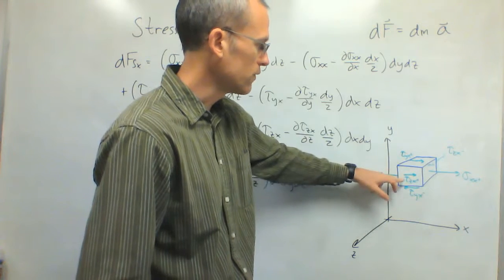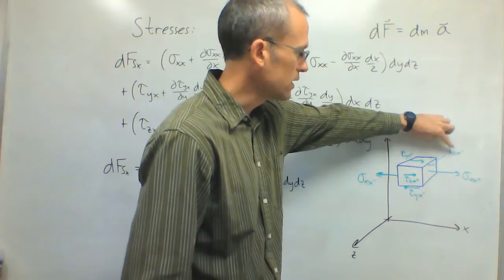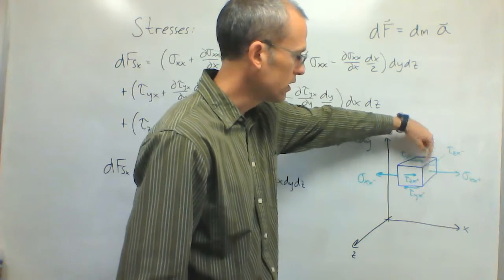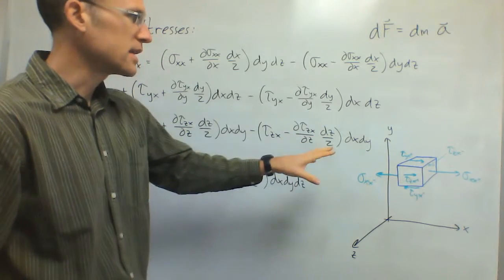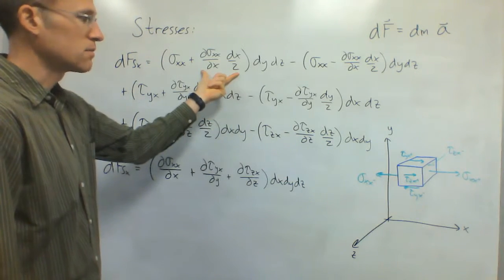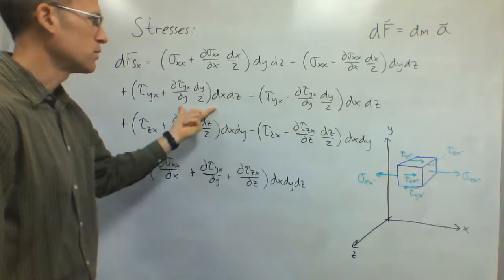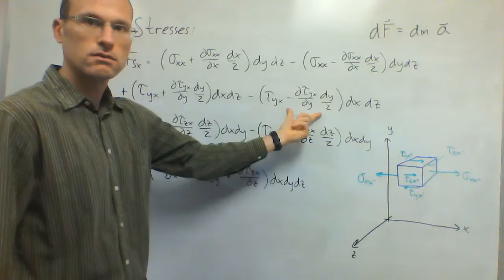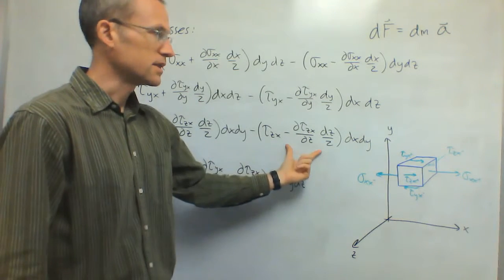Similarly for z on the front face, tau zx in that direction, and then tau zx minus on the back side going to the left as I've drawn it. So I have 6 stresses: sigma xx plus, sigma xx minus, tau yx plus, tau yx minus, tau zx plus, tau zx minus.